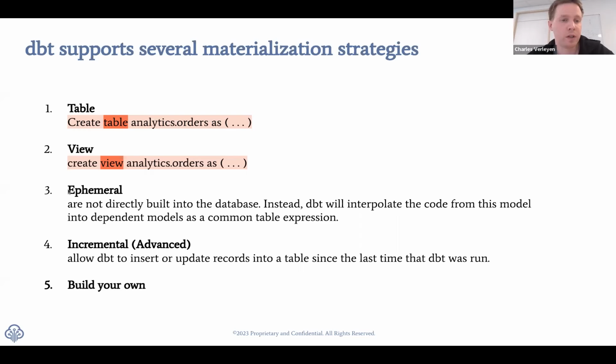In the end, those ephemerals are just a way to decouple a big file into many files. Incremental, so that's if you are handling big data, you don't want every time you run DBT to transform all the data. That's a way to tell DBT, okay, if I run my transformation on a daily basis, just take the data from the day before.